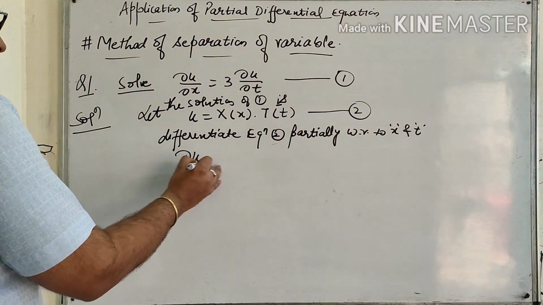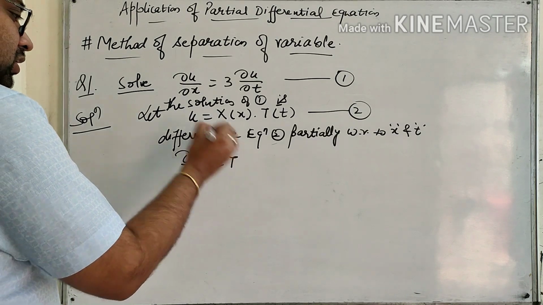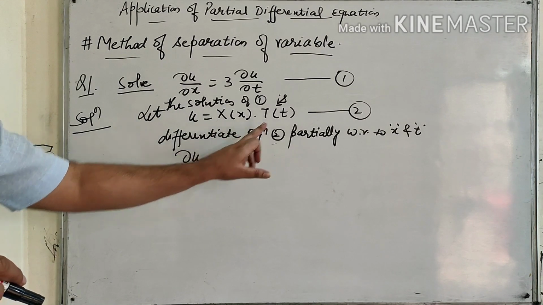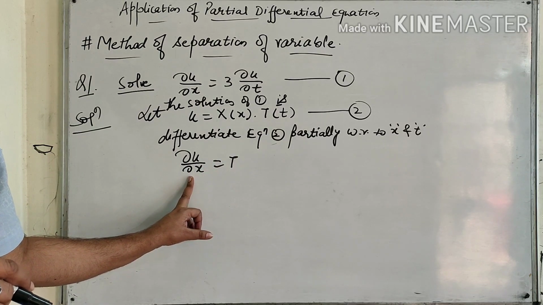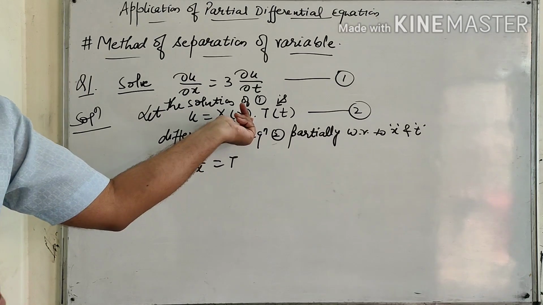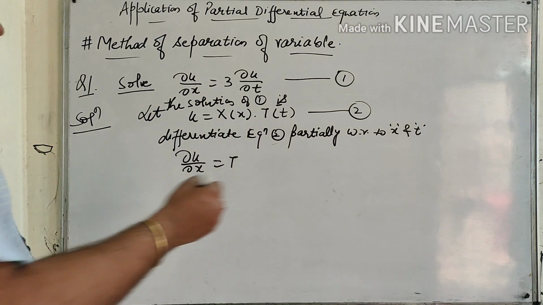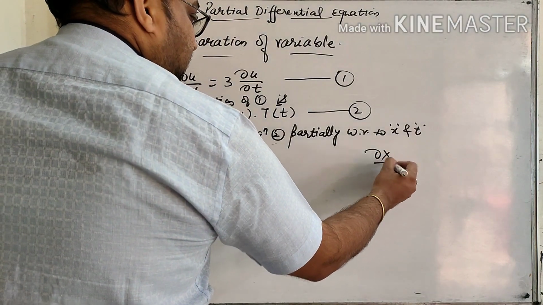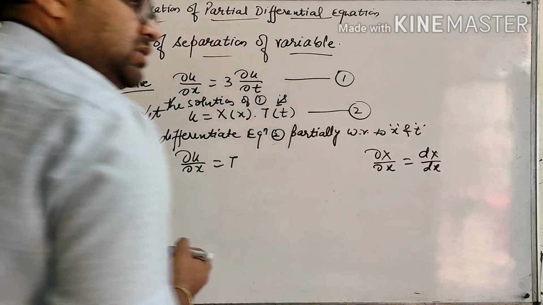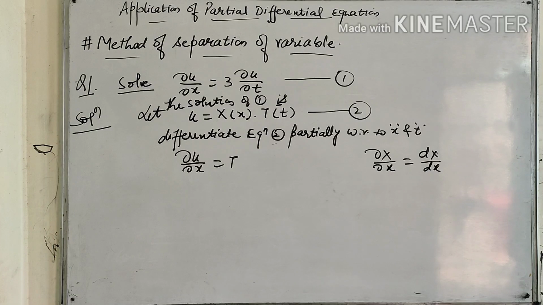Now del u over del x equals capital T times the derivative of X, because T is a function of small t only and we are differentiating partially with respect to x. Capital X is a function of small x only, so whether we write the partial derivative del X over del x or dX over dx, it will not affect the value.